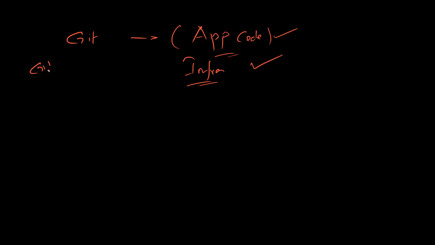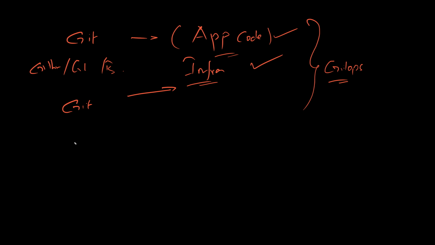It may be GitHub, GitLab, Bitbucket, or any other thing. And if a project completely wants to go with GitOps methodology, then not only the app code, even the infrastructure code, like any IaC code, should also be in Git.